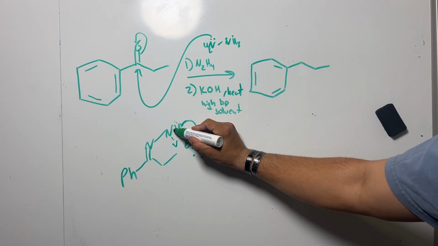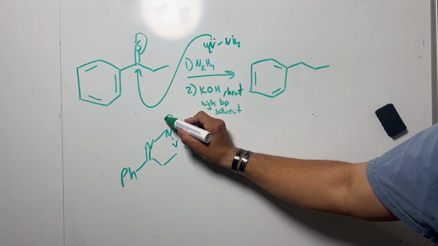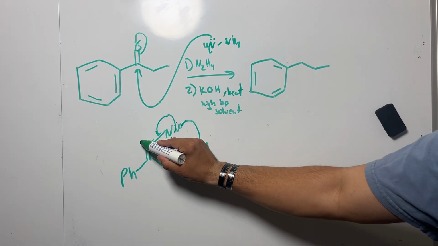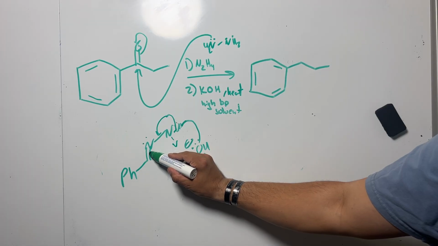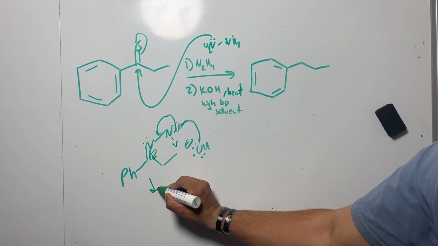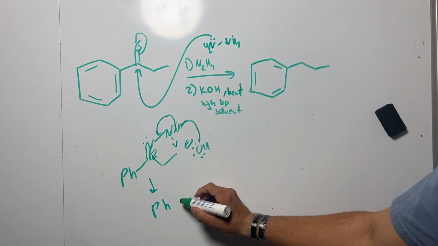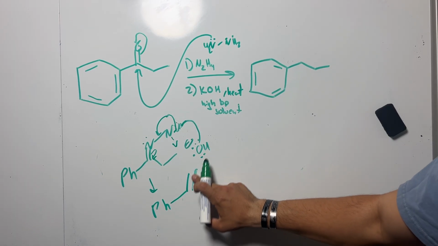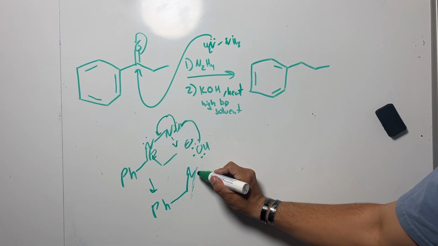We're going to donate these electrons into this bond, but that's going to leave too many things on our nitrogen. Remember, we have a lone pair there still. So we're going to donate these down and have a negative charge here. Oh, I'm sorry. There's a single bond there.